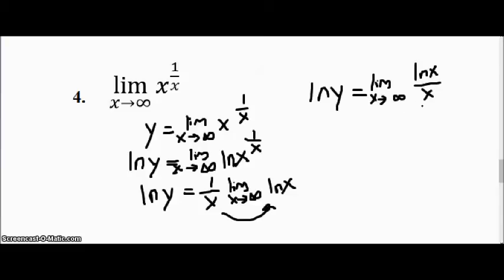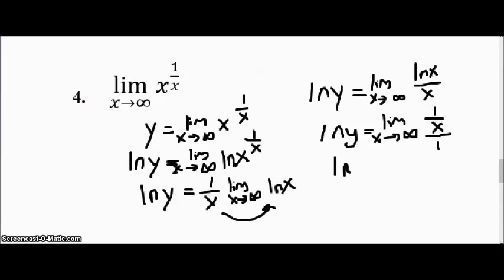We notice it is a quotient, so now we can put L'Hopital's rule into effect. So now we get ln of y is equal to the limit of x approaching infinity of the derivative of ln of x, which is 1 over x, and the derivative of x is equal to 1.